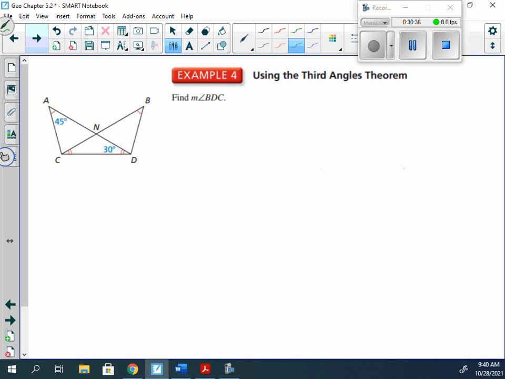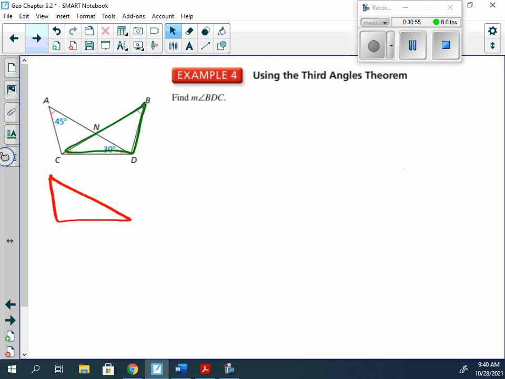Well, how many triangles are here in this diagram? Well, 3, but we have 2 main ones, yes? Because we have BCD, and then we really have these 2 triangles here.